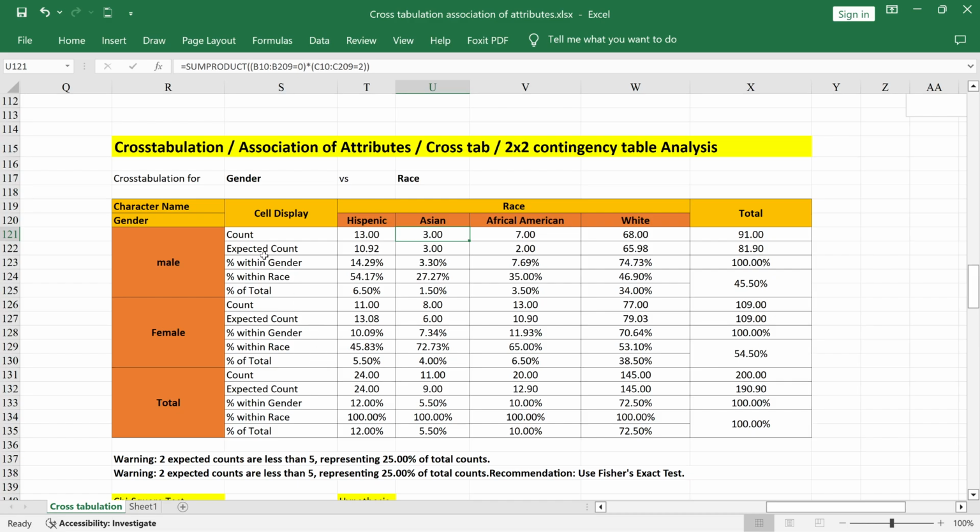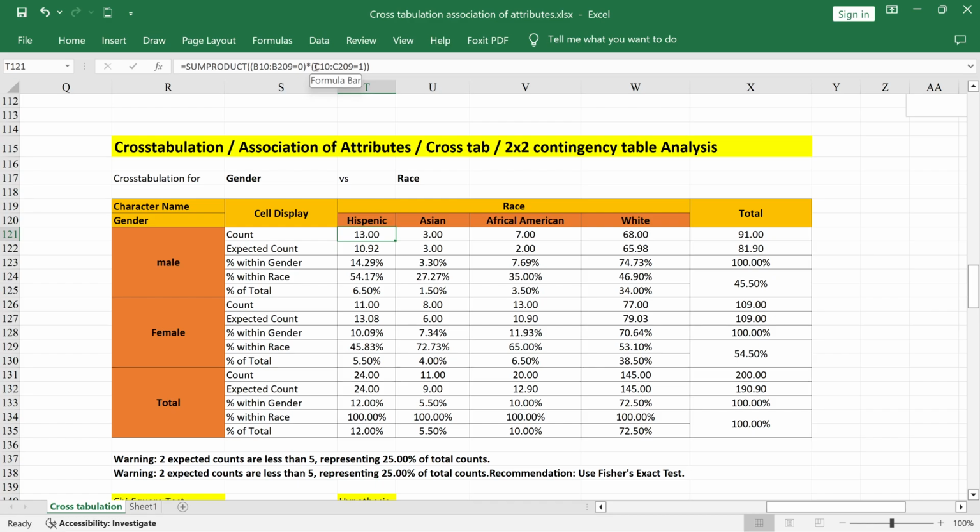Below that you will get the expected count, then percent within gender, percent within race, and percent within total. You can see here how I calculated the count. Let's see the first one. You can see the formula here. I put the formula as SUMPRODUCT, and then I give the range, where the range equals 0, which means male, multiplied by the second range, C10 to C209.